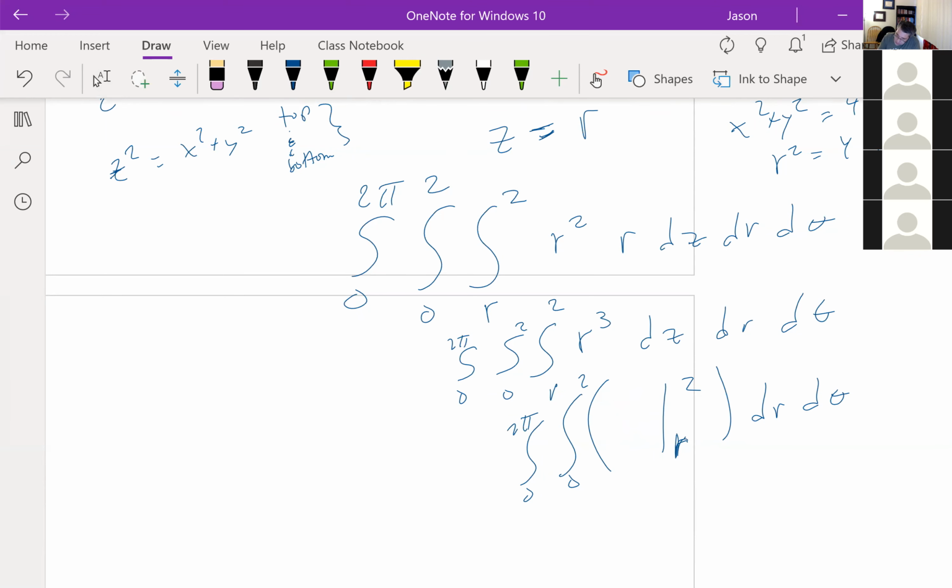My bad. I need to integrate with respect to z, not R yet. So this is going to be R cubed z, sorry about that, from R to 2.